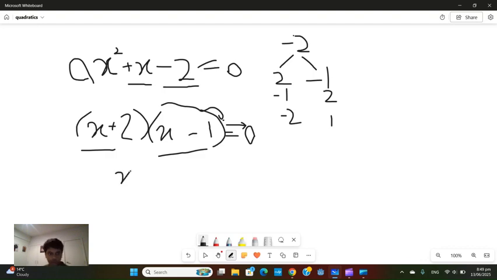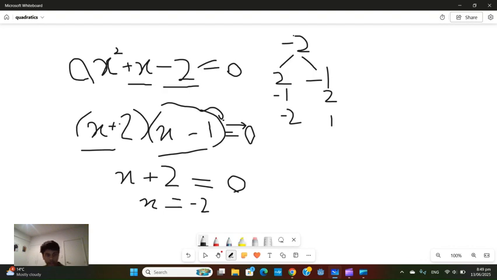So you'll be left with x plus 2 is equal to 0. Now this is extremely easy. Just x equal to negative 2. But what about this one?